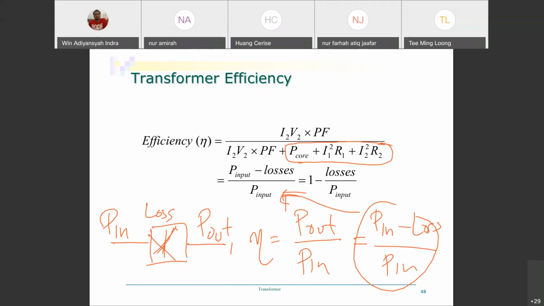This is the output. This is total loss. The total loss. This, if you look, this one equal to this one, right? Which is P output.